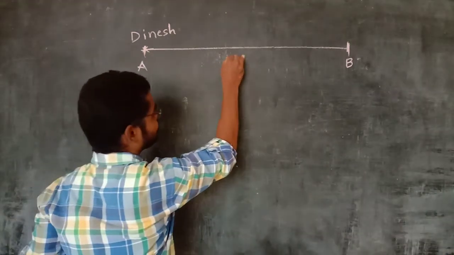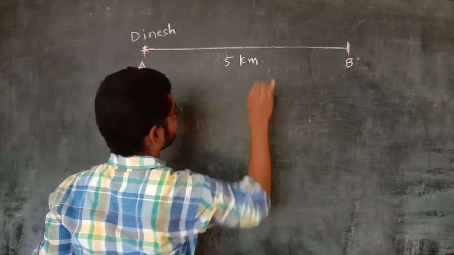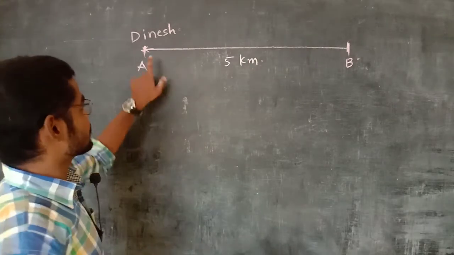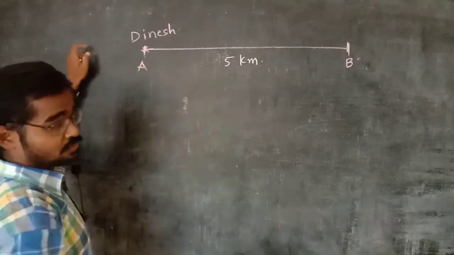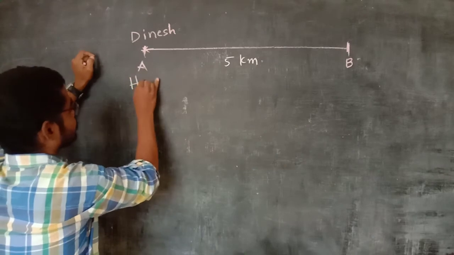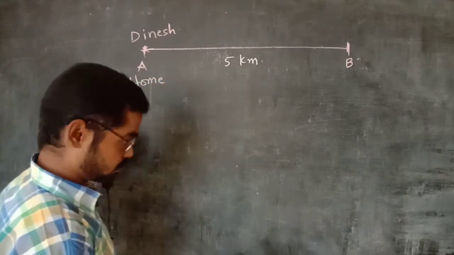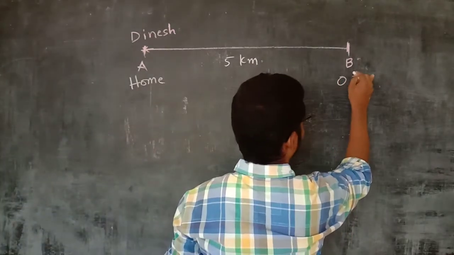Path length is 5 kilometer. He has started from his home to his office.